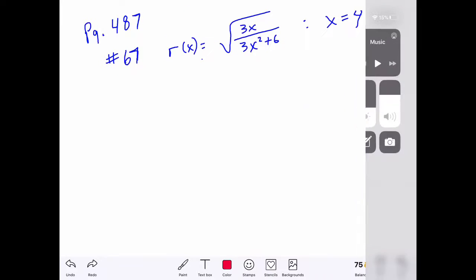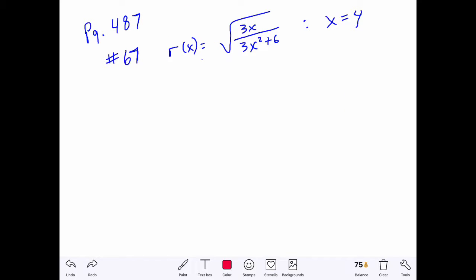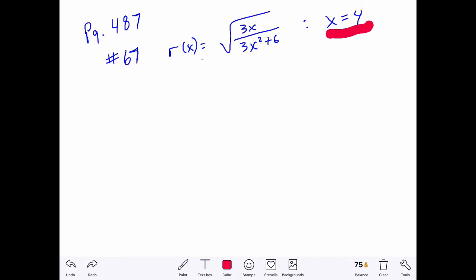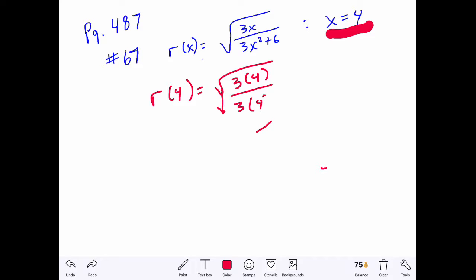Okay, and on 487, sometimes we have to just take some value, for example, x equal to 4 here, and plug it in. So that would be r of 4, which means I'll take it and I'll plug it in for every x. 3 over 4 over 3, and really my radical should come all the way down there. 4 squared plus 6.